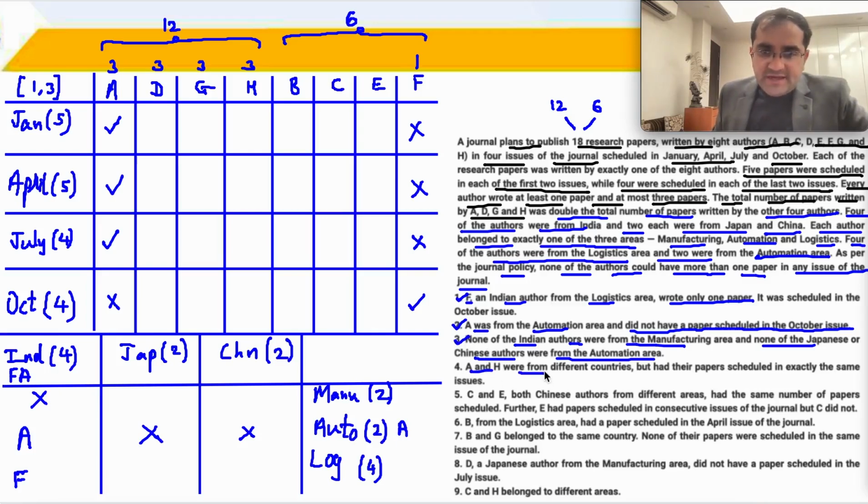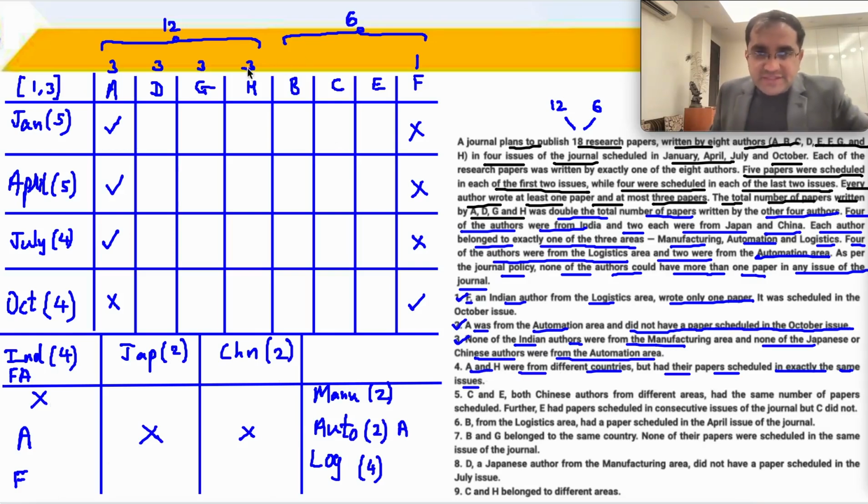Next, A and H were from different countries, but they had their papers scheduled in exactly the same issues. So H is not from India, and will not be from Japan or China either.